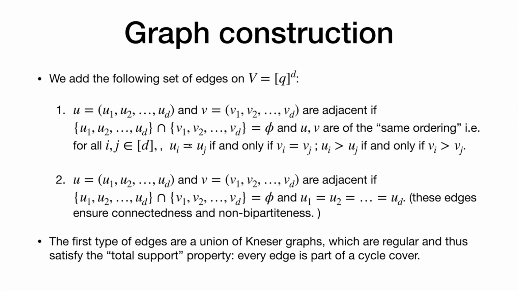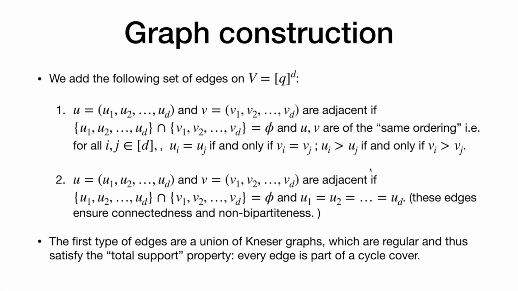Next, we still haven't proved that the graph is connected and not bipartite. In order to do that, we add edges between all U and V where at least one of them has the all-equal ordering, like U1 equal to UD. These edges ensure that the graph is connected and not bipartite. Of course, there's another aspect to this.